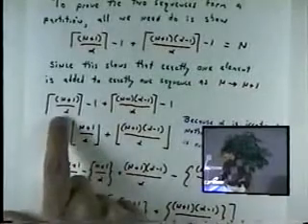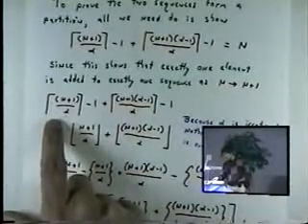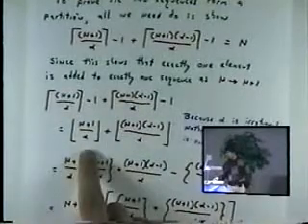The ceiling minus 1 of a floating point thing is the same as the floor of that number. This is an identity we proved last time. Do we still believe it? Well, if this is a real number, the ceiling is going to raise it up 1 and then subtract 1 from it. That's going to knock it down 1. That's going to give us the floor. So that should be believable.